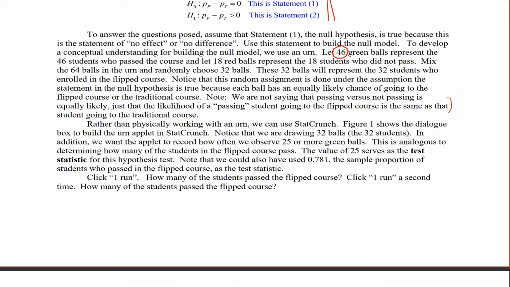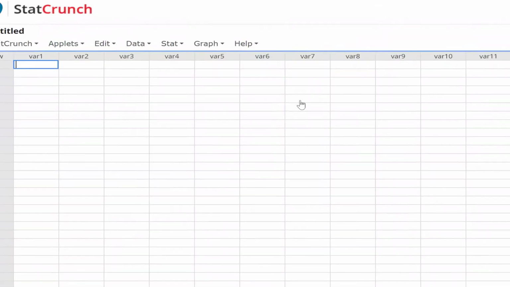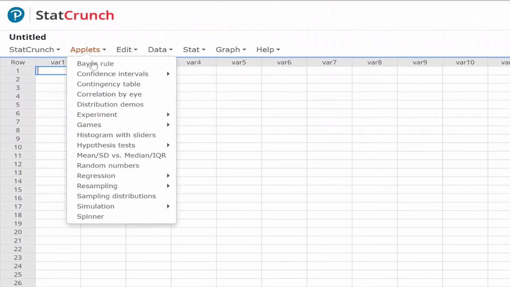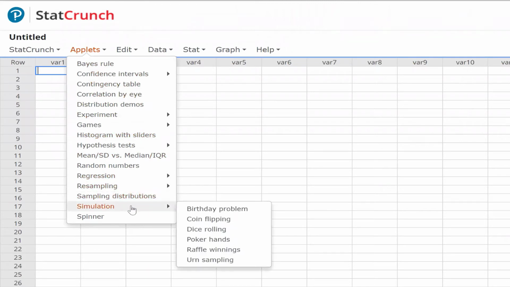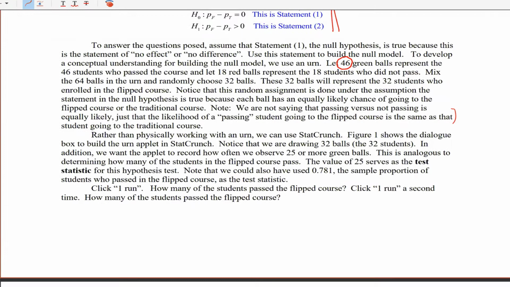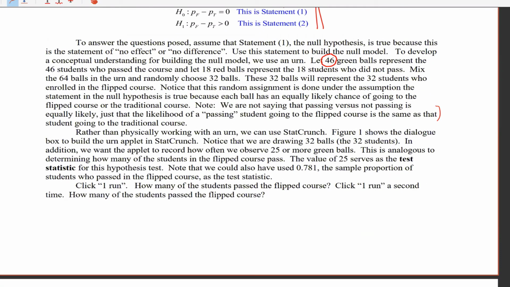So rather than literally doing that with an urn, we can do this using StatCrunch. So we're going to go applets, simulation, urn. 46 green balls are the 46 passing students, and 18 red balls are the students that do not pass.